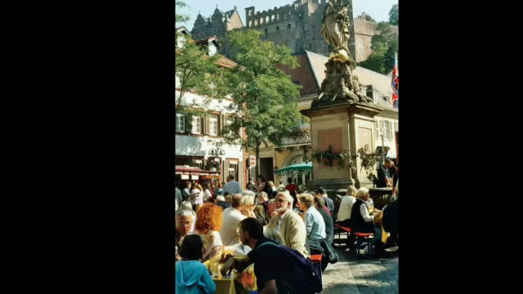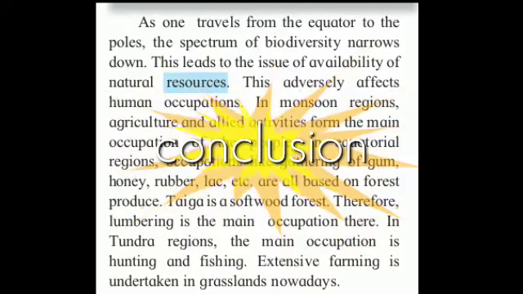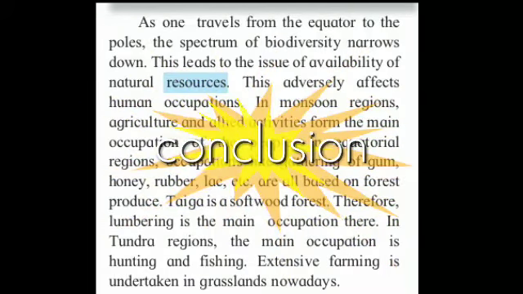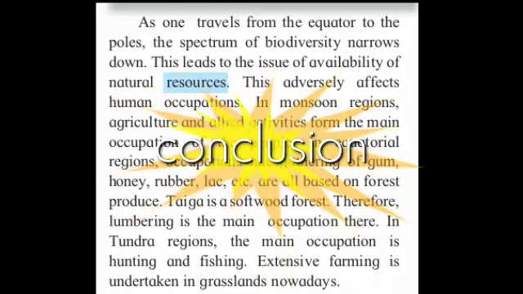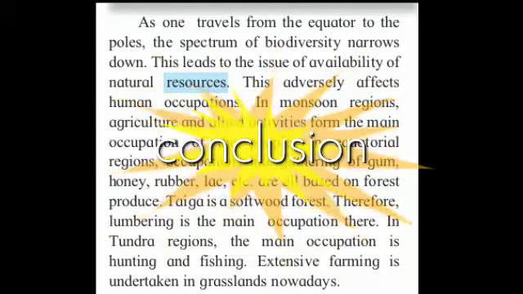Now let's see the conclusion of this chapter, natural region. As one travels from the equator to the poles, the spectrum of biodiversity narrows down. This leads to the issue of availability of natural resources. This adversely affects human occupation.